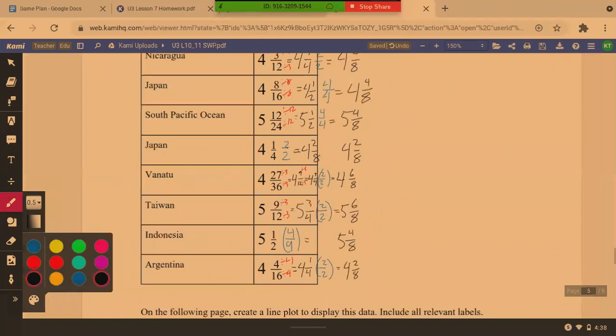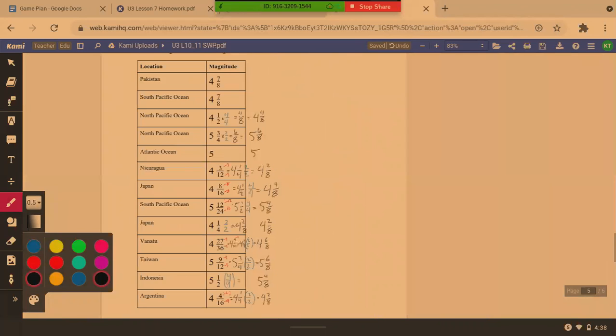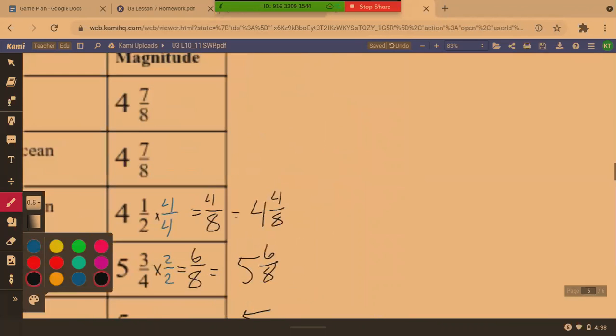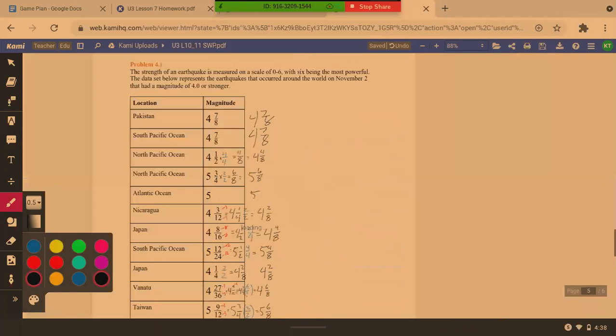All right, so I've now manipulated all of these fractions so that they have the common denominator of 8. So I can now evenly compare these fractions, because before it was tough.